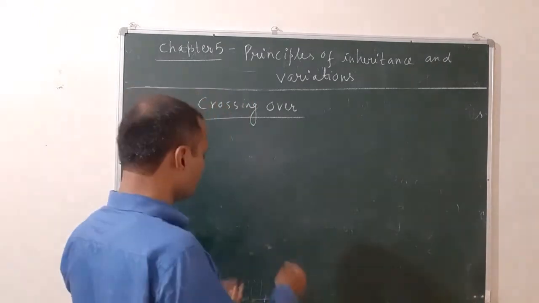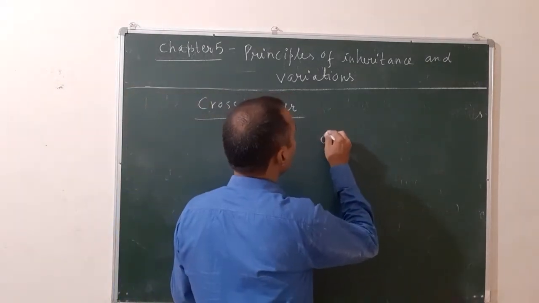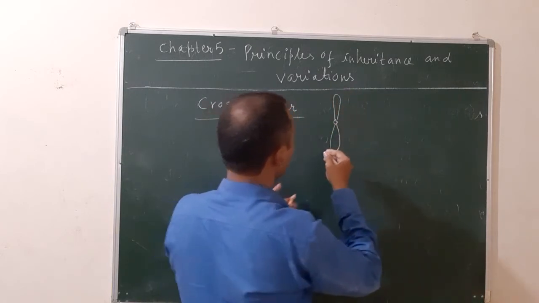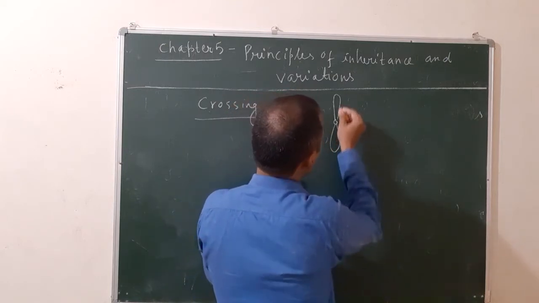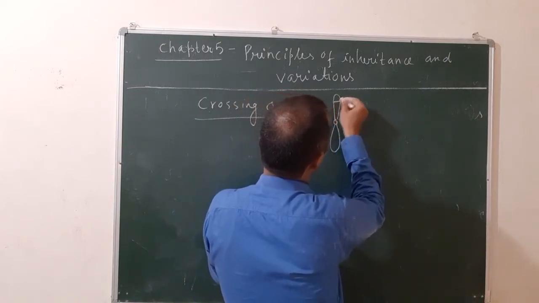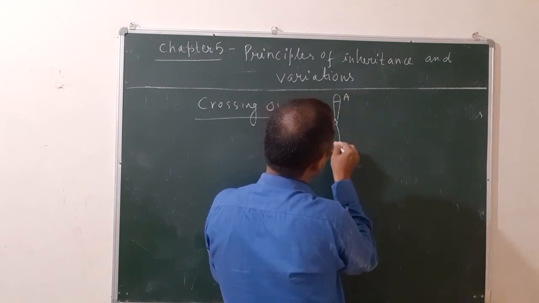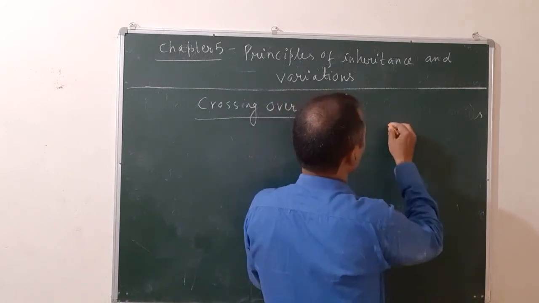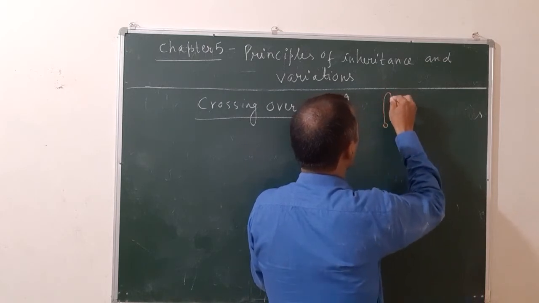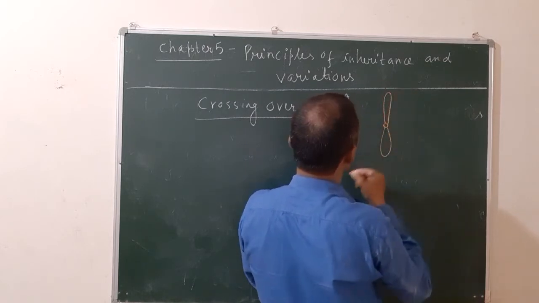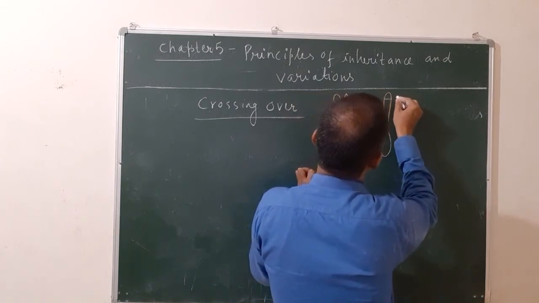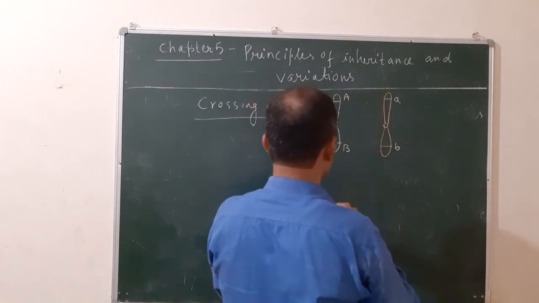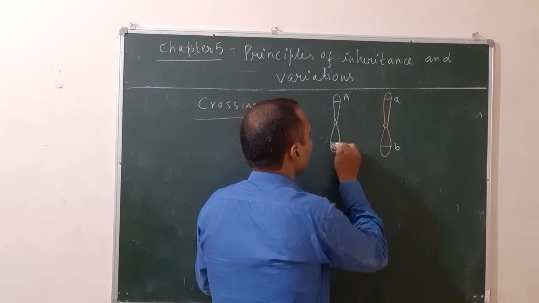Crossing over, you know the structure of a chromosome. Suppose that there are two chromosomes, and this chromosome contains genes capital A and capital B, and the second chromosome contains genes small a and small b.